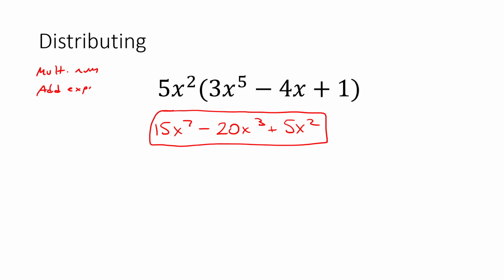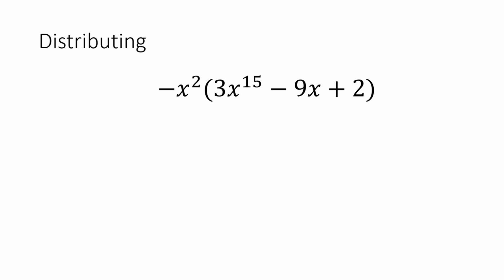A couple more examples. Okay, here in this case you have a negative x squared. Again, think of that as really being a negative 1 in front, and distribute it through. You would get negative 3, x to the 2 plus 15 is 17. Keep going. Negative 1 times negative 9 is positive 9.